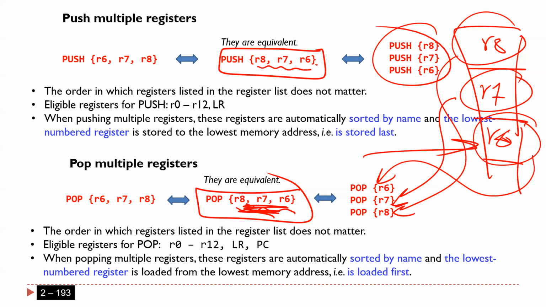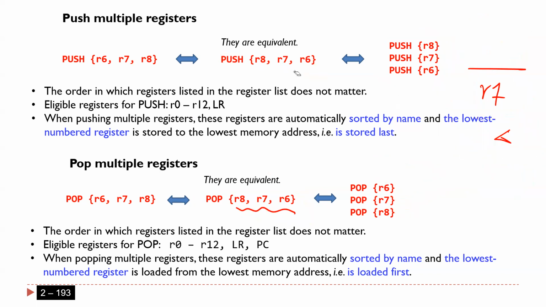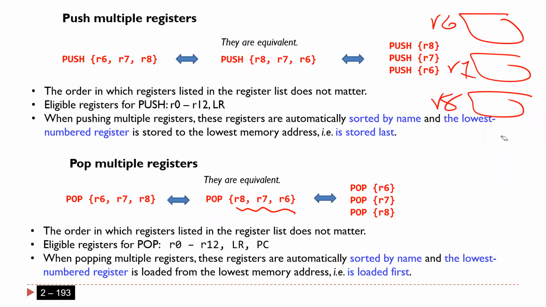Look here, guys. We don't have many registers. Assume I have some values here, some value in R6, R7, R8. And now for some reason, I want to use R6, R7, R8.